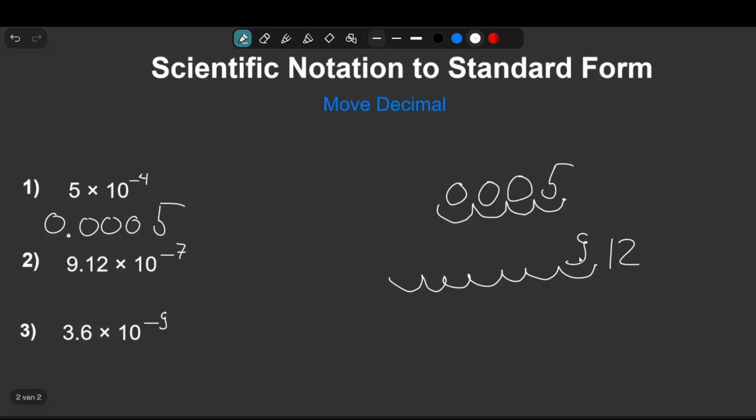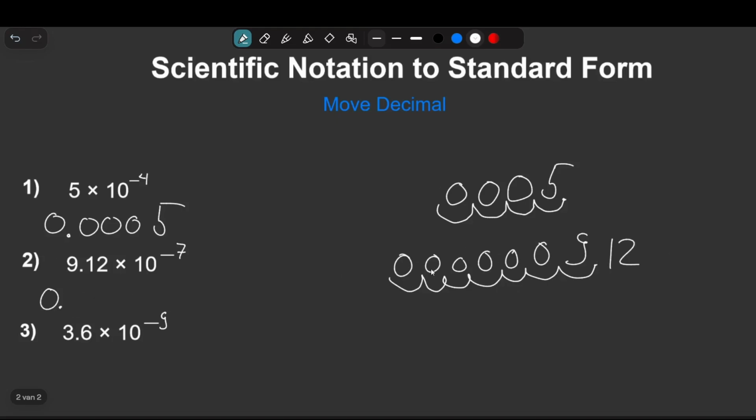So now again, we're going to fill in our empty spots with zeros, 4, 5, 6, and now we're going to rewrite it to the left of our problem. Let's begin again with 0 and then our decimal, which we have placed right here. So now again, we're just going to write everything we have here to the right of this decimal.